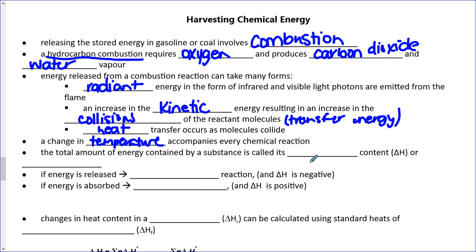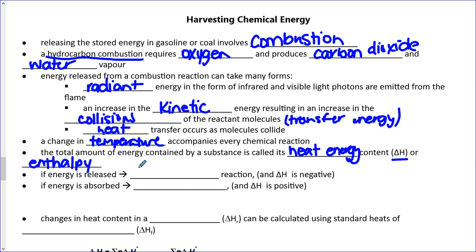So the total amount of energy contained by a substance is called its heat energy content, which we'll represent with delta H, so that's the change in heat, or what you'll sometimes see written as enthalpy. So that's the amount of heat that is contained. You would have talked about this in Science 10 as well.